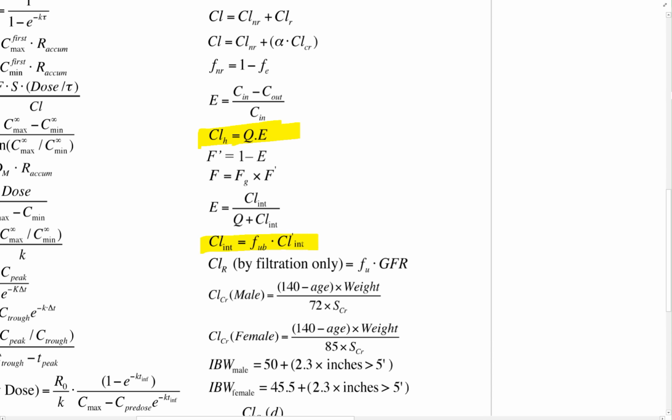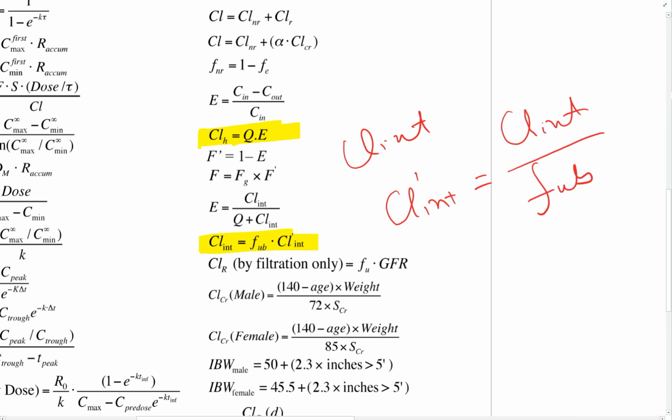CLINT is called hepatic intrinsic clearance, and intrinsic clearance of free drug is defined by this: CL prime INT is equal to CLINT divided by FUB, the fraction unbound, or the fraction of free drug.